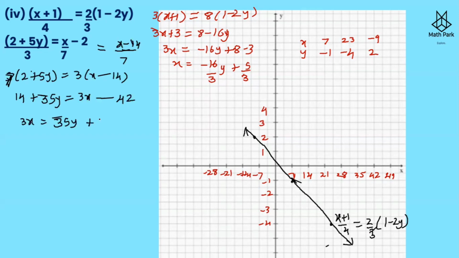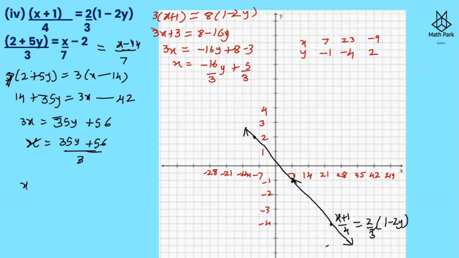So you have x is equal to 35y plus 56 upon 3. Choose the values of y wisely so that you get the number in the numerator which is divisible by 3.